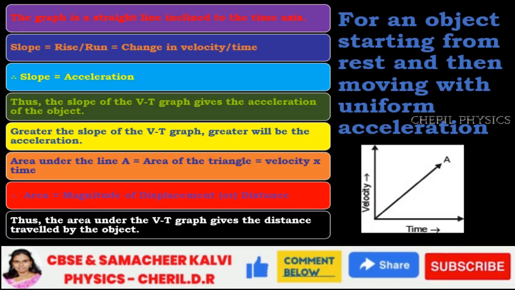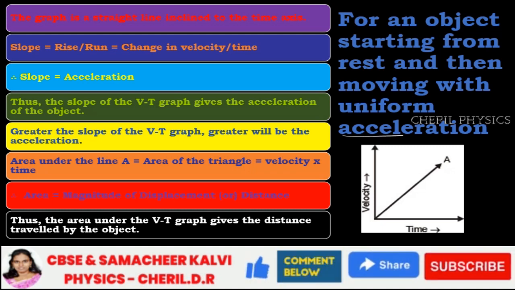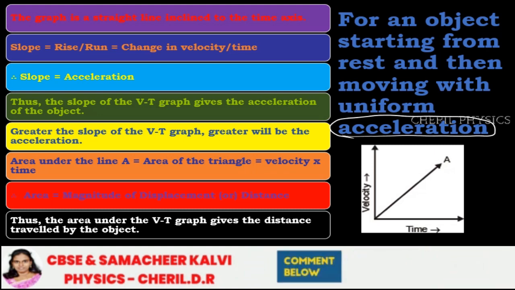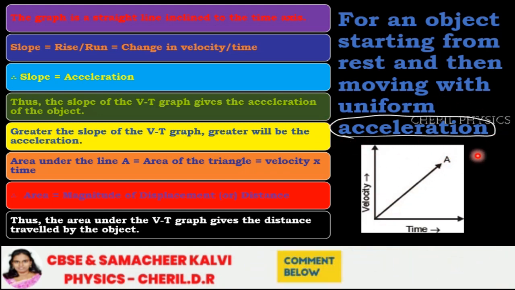Now we will see about uniform acceleration. We learned about uniform velocity, and now we are learning about uniform acceleration. Acceleration means the velocity is going to change. The velocity is non-uniform, or I can say it keeps changing uniformly with respect to the acceleration.